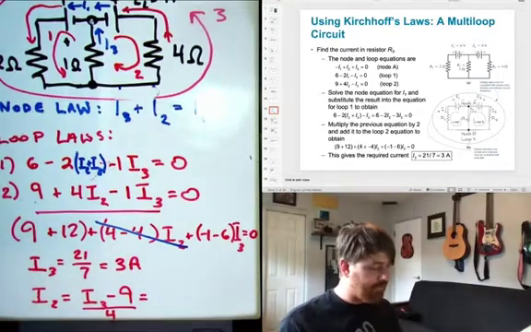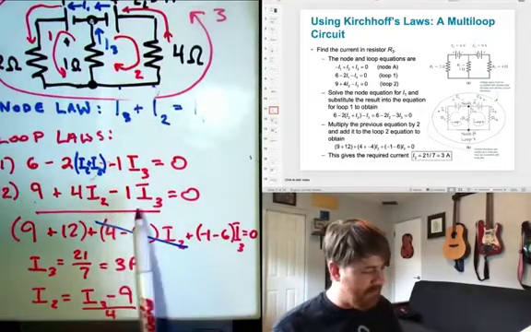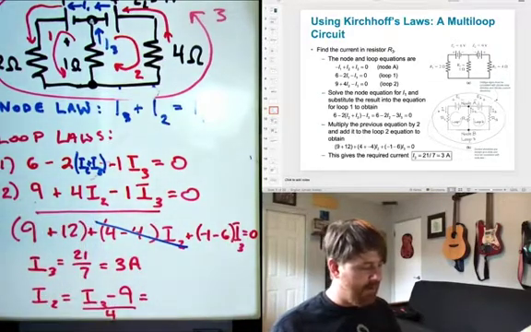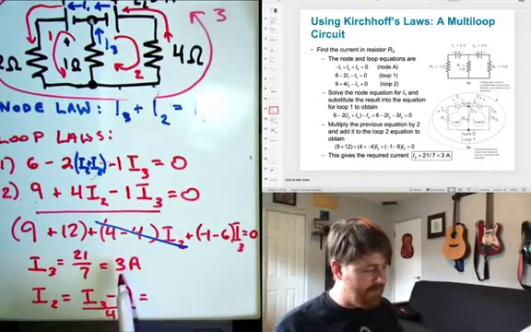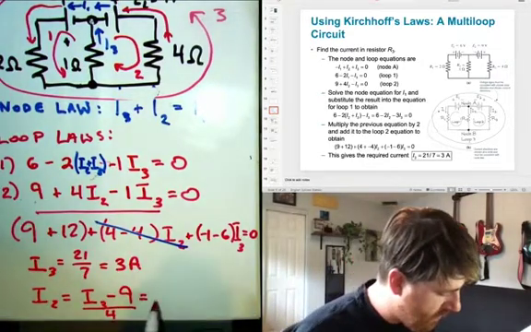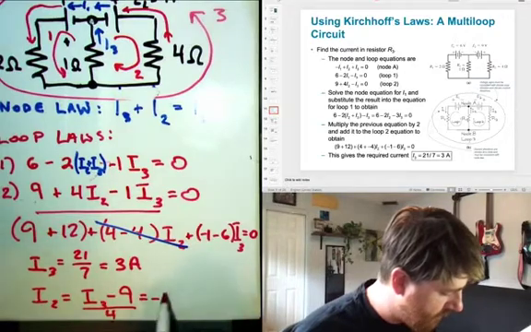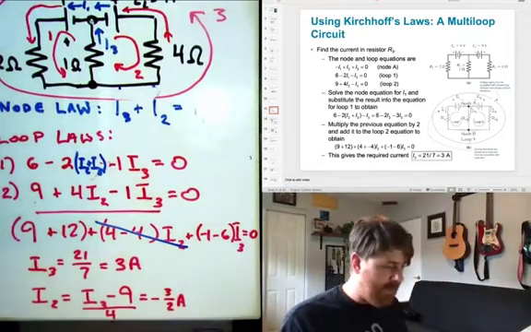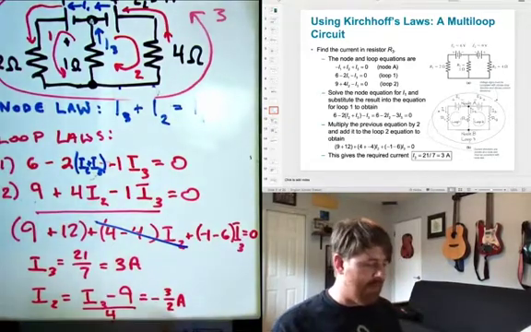Let's make sure I got that right. So I3 minus 9 divided by 4. And so this would give me minus 6/4, or minus 3/2 amps. So what does it mean that I've got a minus sign on my I2?